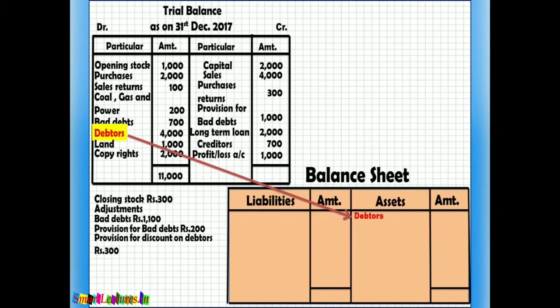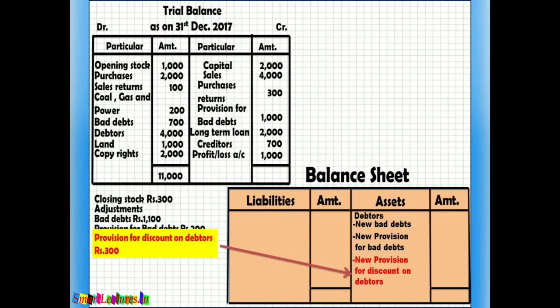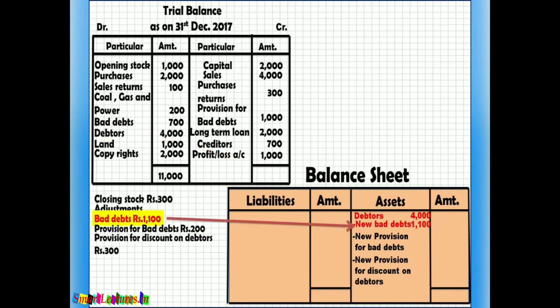That is debtors minus new bad debts minus new provision for bad debts minus new provision for discount on debtors. So debtors are 4000 minus new bad debts. New bad debts means the bad debts taken from the adjustments, that is 1100, and the balance is 2900, then minus new provision for doubtful debts.